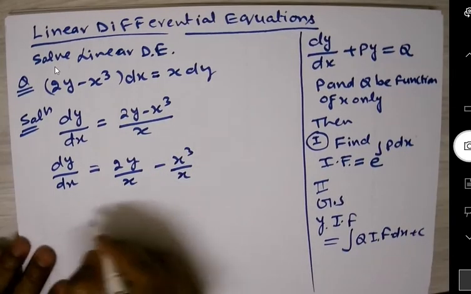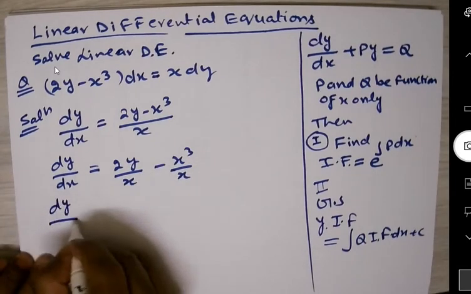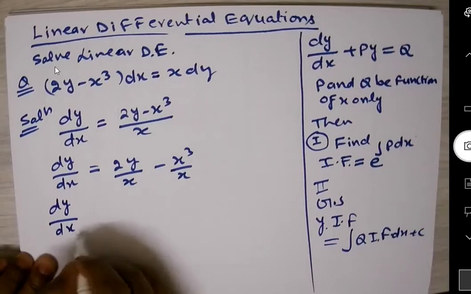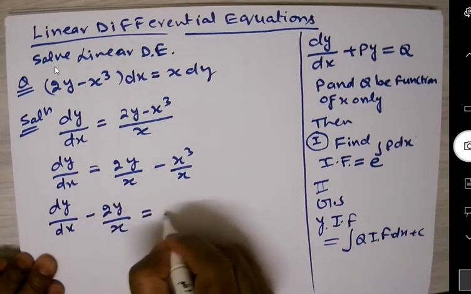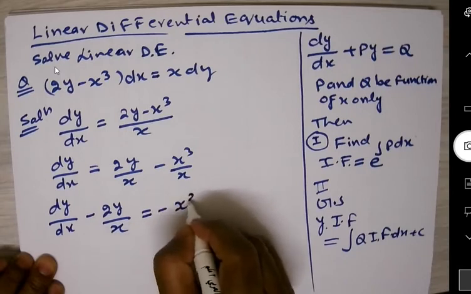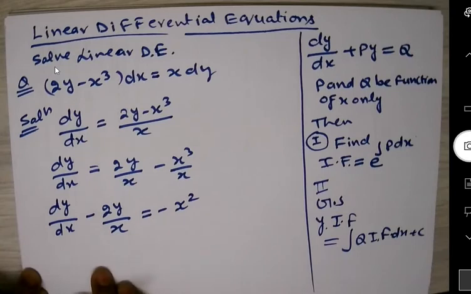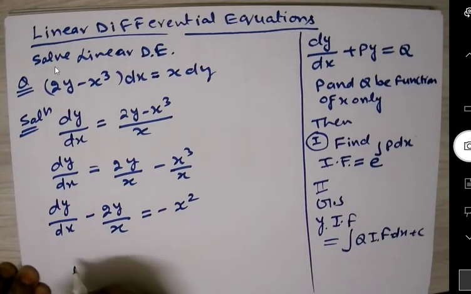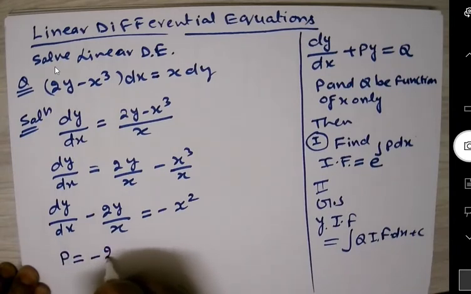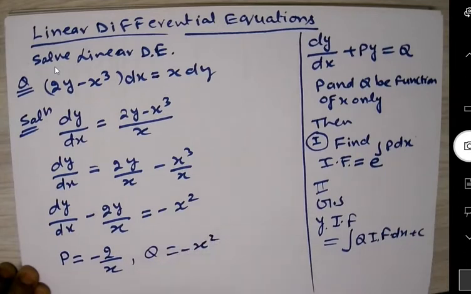Now we can simplify it: dy/dx minus 2y divided by x equal to minus x square, because x cube divided by x is x square. Now this is in that form. So compare the values of p and q. p equal to minus 2 divided by x and q equal to minus x square.